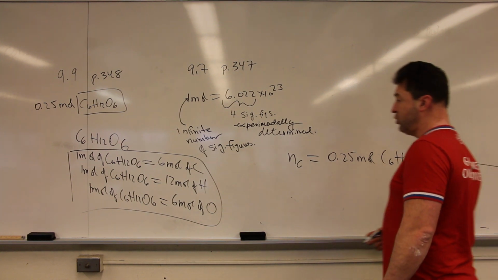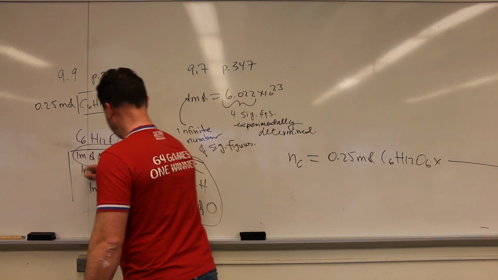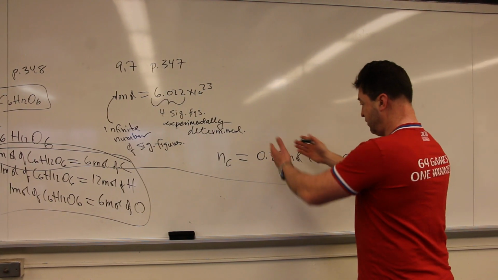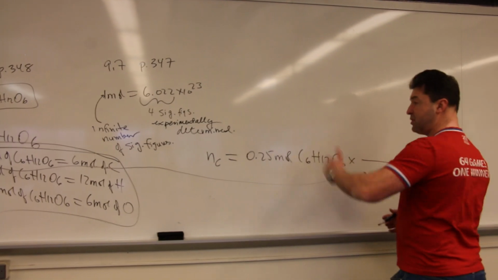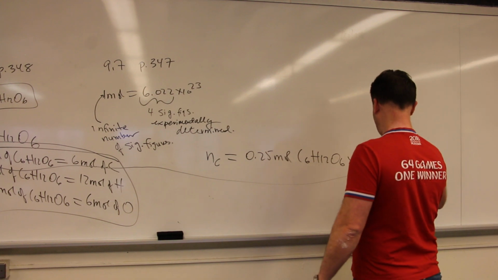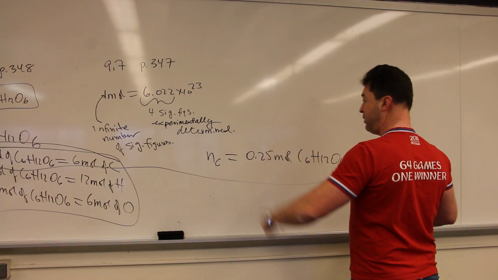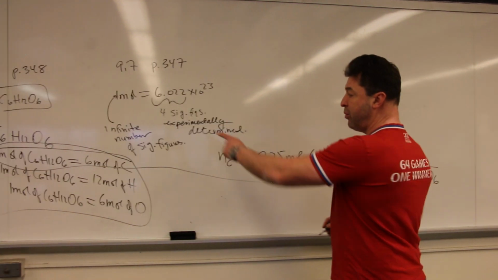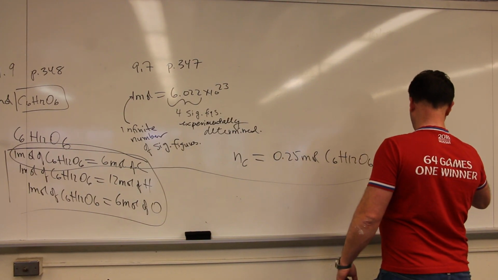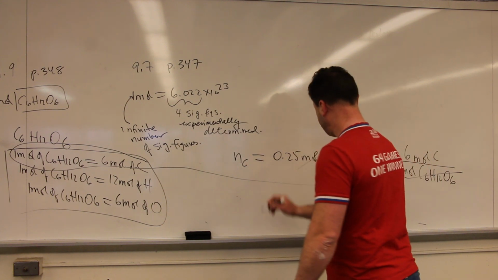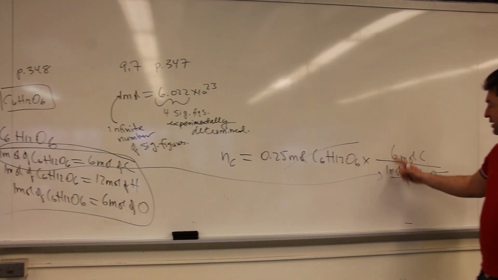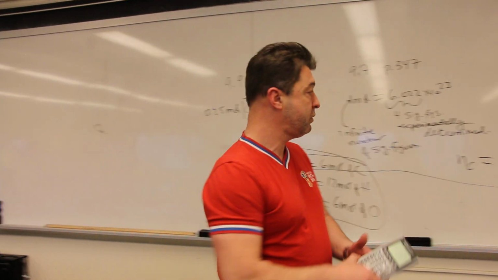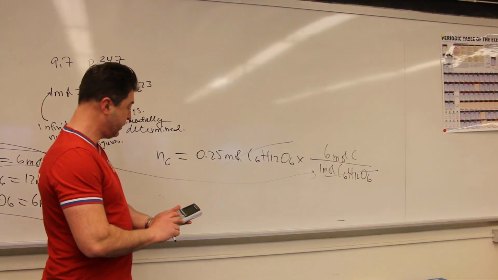And now I'm going to use the correct conversion factor for the conversion from the mole of the substance into the mole of the element. The 1 mole of the substance will come, of course, in the bottom here, and 6 moles of carbon on top. And then of course the same units will cancel out. Remember, I'm not canceling the numbers, I'm canceling the units here. And so when I do so, I'll get my final answer.